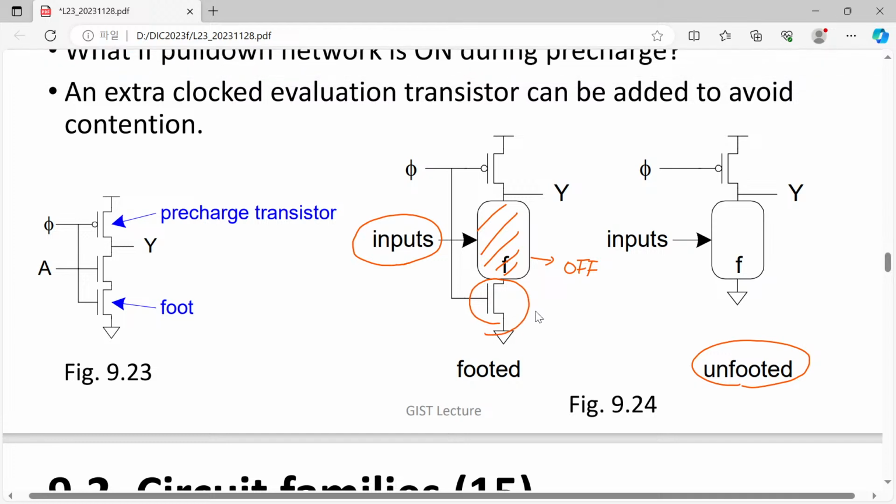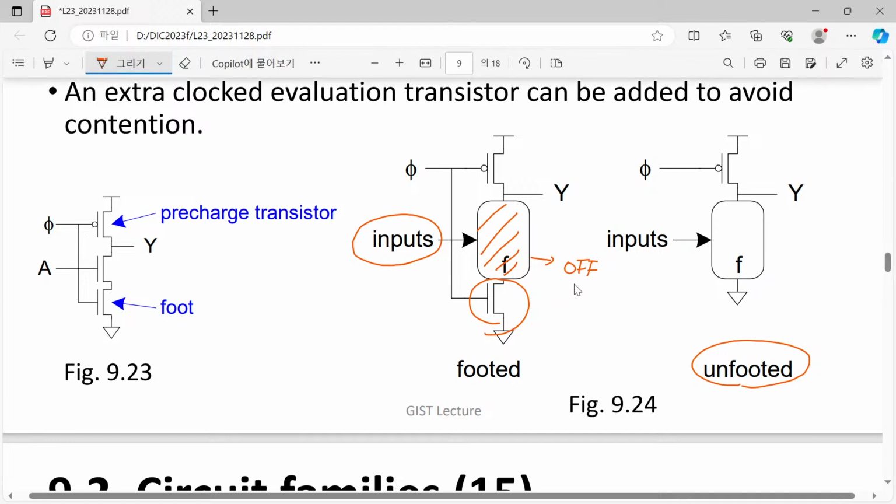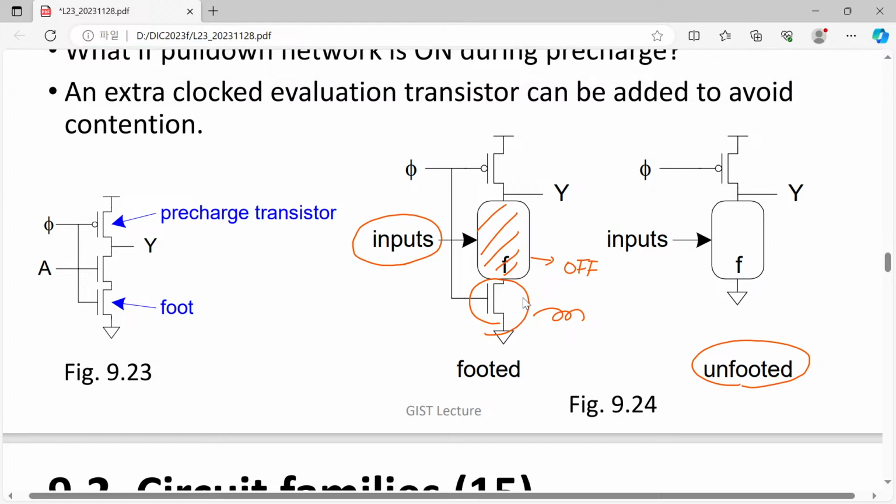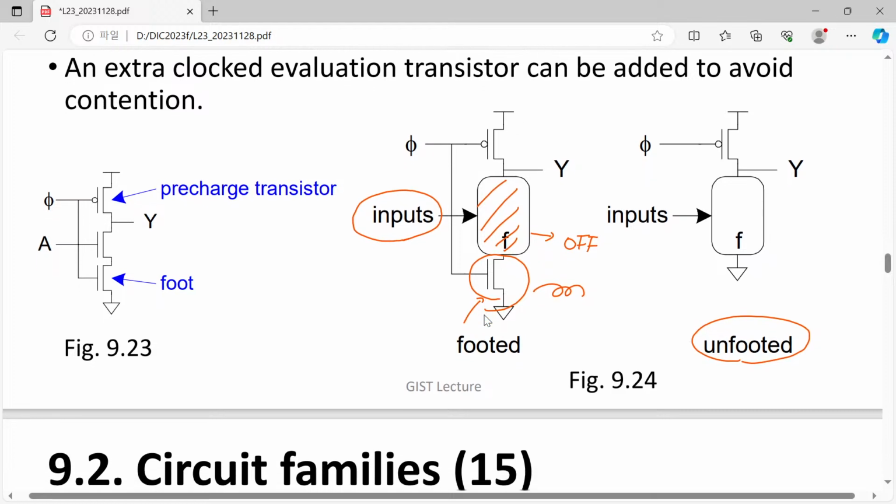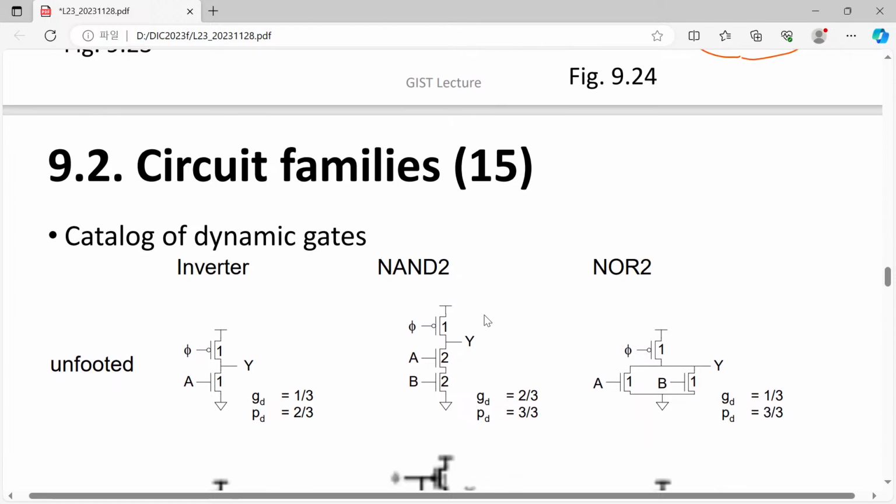So sometimes we can find certain conditions to neglect this PMOSFET, but when we don't have such a condition, then it is better to include this one. That was a really good question.